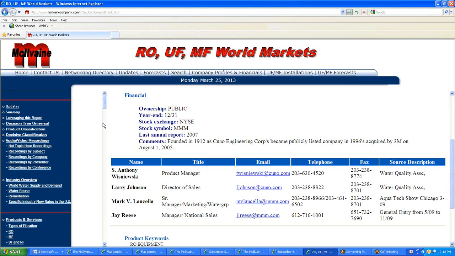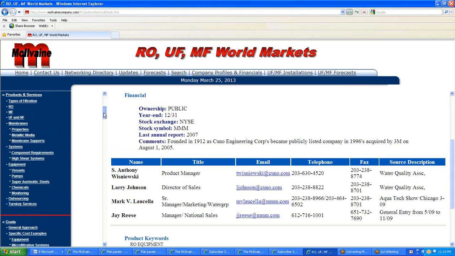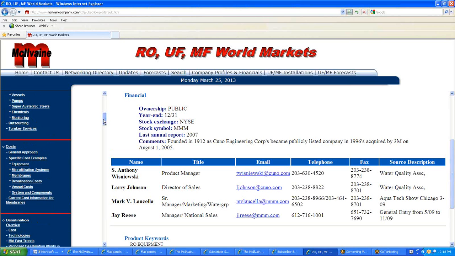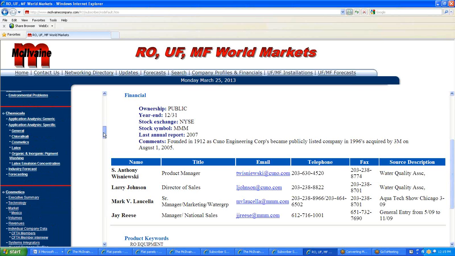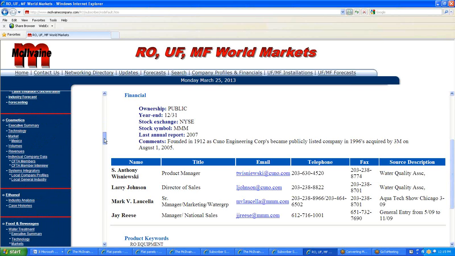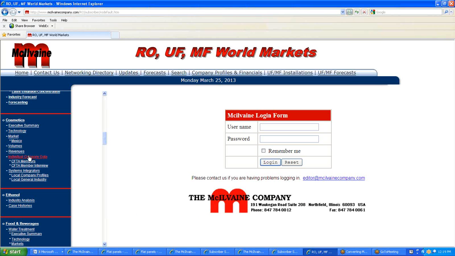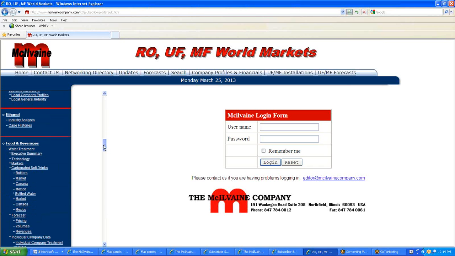And of course, we do have other information on the left-hand side as we go down here. We do have hot topic recordings with a number of the suppliers, even people like Aquatech, talking about zero liquid discharge systems. And then we get into a lot of the different industries and the applications: costs of desalination, cosmetics, what's individual company data on cosmetics, and I'll skip that one.